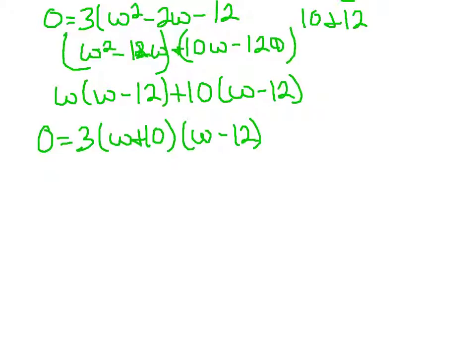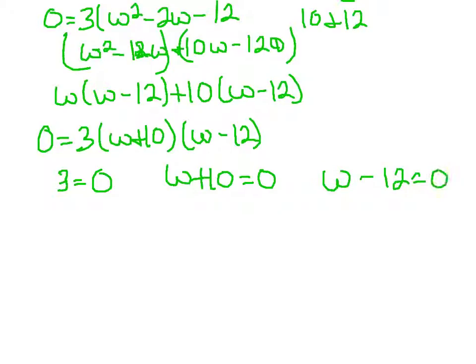Now since we have it all factored out, we can make everything equal to 0. So the first one's going to be 3 equals 0, and then it'll be W plus 10 equals 0, and then the last one is W minus 12 equals 0.